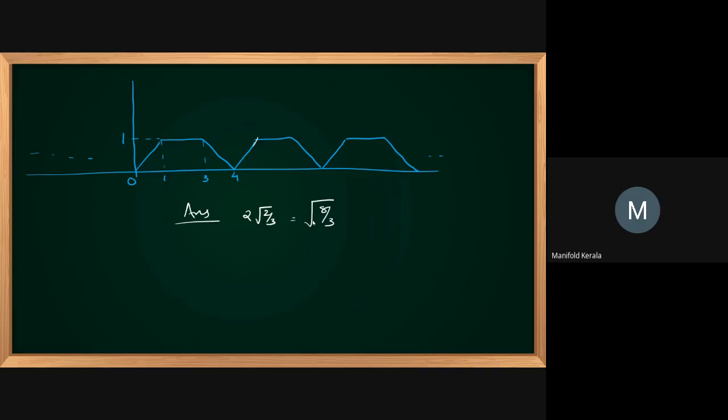Anybody getting the answer for the RMS value? It's important to learn how you evaluate the RMS value of a signal, because mostly you'll be, yeah. Geshma got the answer.